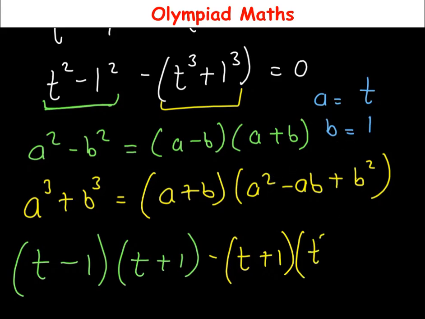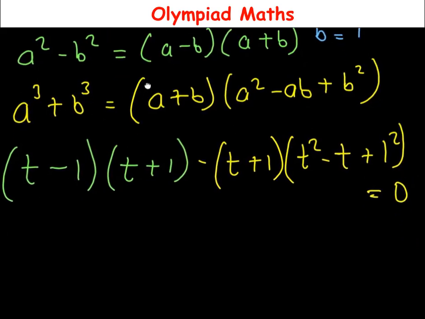A is t, so t squared minus a times b, which is t times 1, so t, then plus b squared. B is 1, that becomes 1 squared. Okay, don't forget that it's all equal to 0.